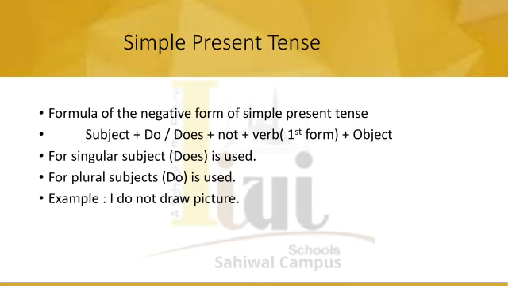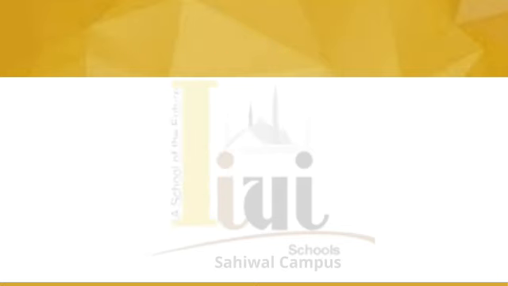Here I is a plural subject, so we write do. And for singular subjects, she does not drink tea. Here she is a singular subject, so we write does. Here es is added to do and it becomes does. So she does not drink tea.